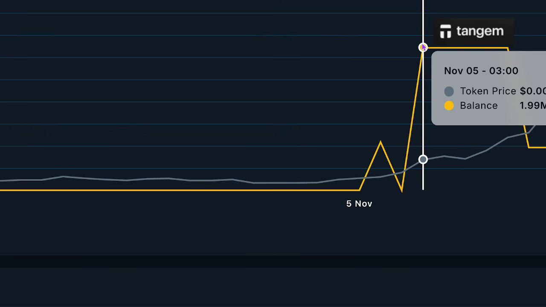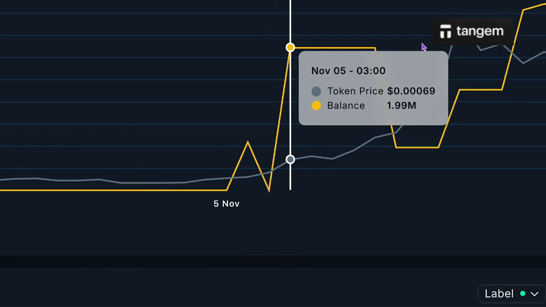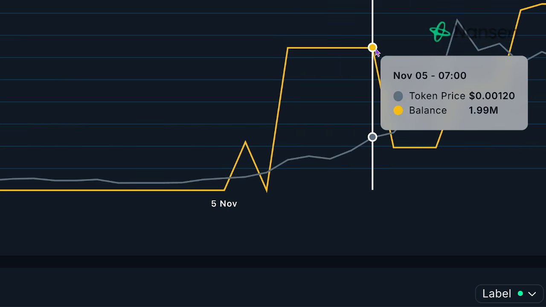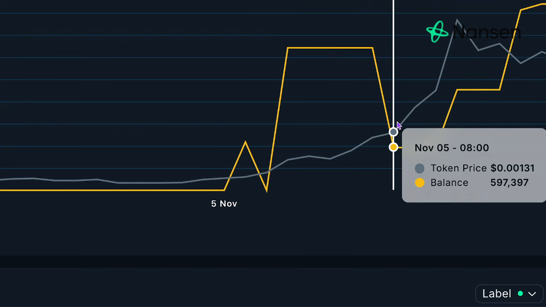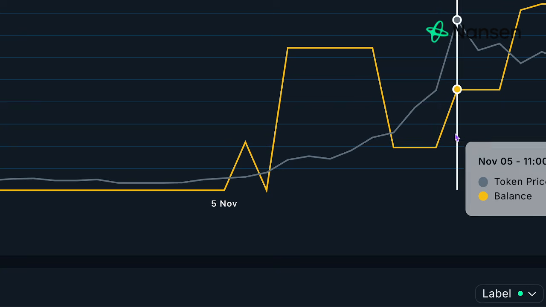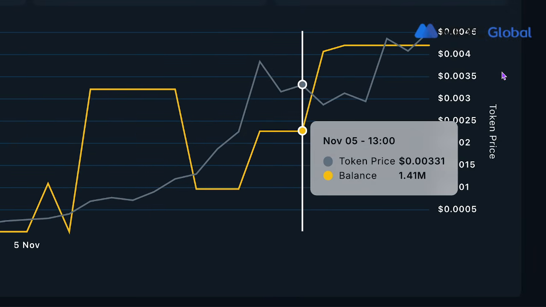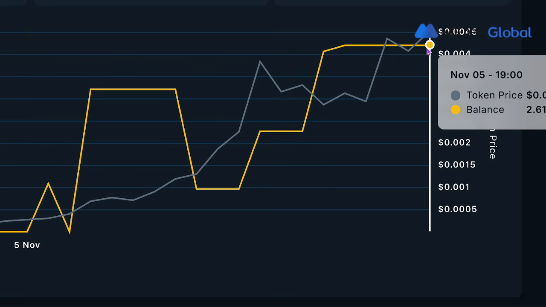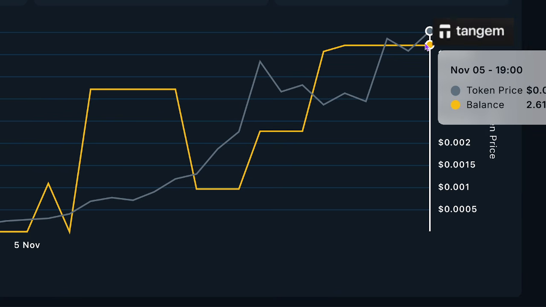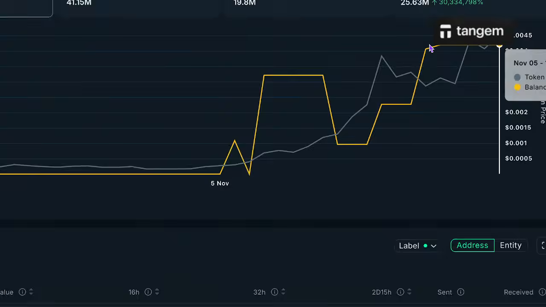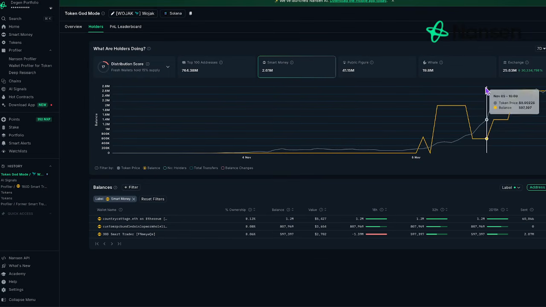And then there's a massive 2 million purchase here. Again, then there is a bit of a sell-off and then accumulation again, right? So you can see right now the price is 0.0045, but what you're seeing, the balance is also steady to the right.